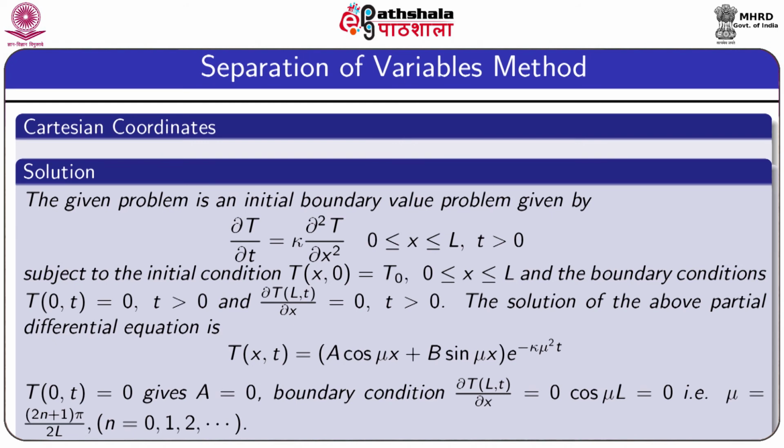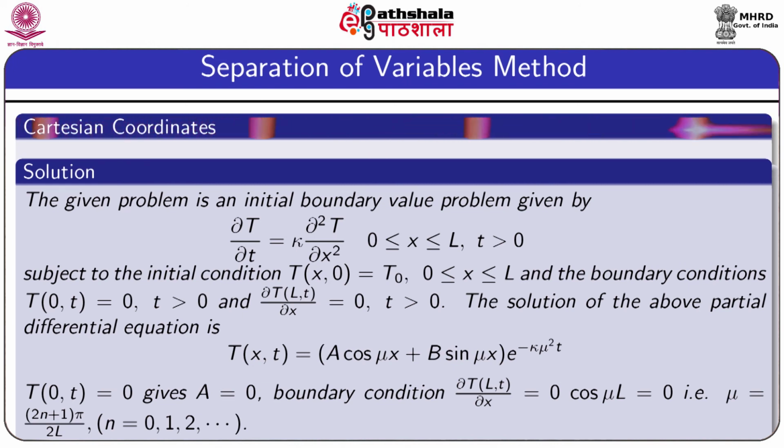So, if we satisfy the boundary condition T(0, t) equals 0, it gives capital A is 0, and the boundary condition del T del x at (L, t) equals 0 gives cos mu L equals 0, and we know the solution of cos mu L equals 0 gives mu L equals (2n plus 1) times pi by 2. So, this gives the value of mu as mu equals (2n plus 1) pi by 2L, where n is an integer.